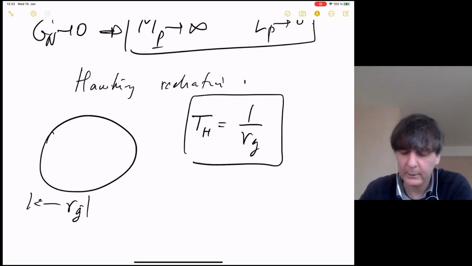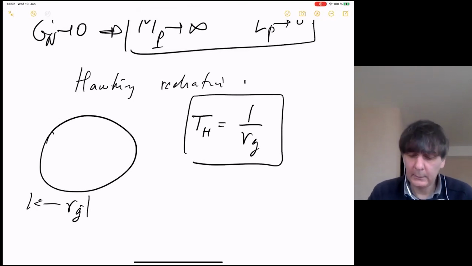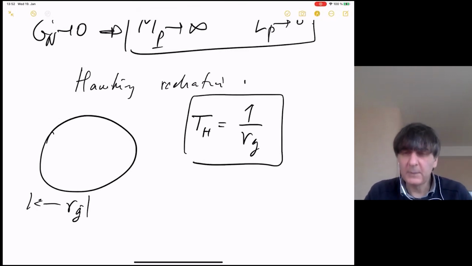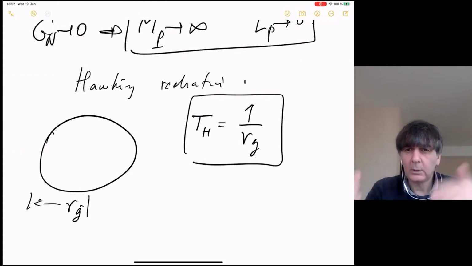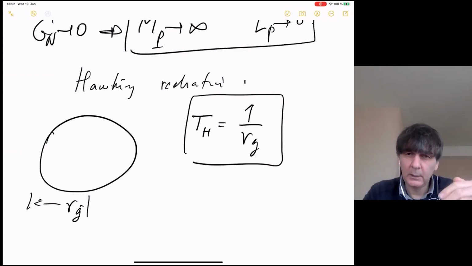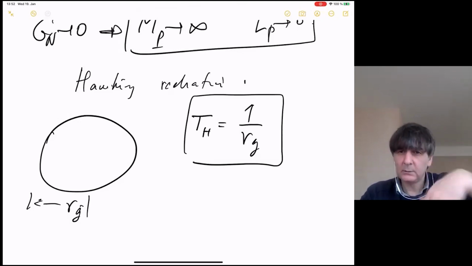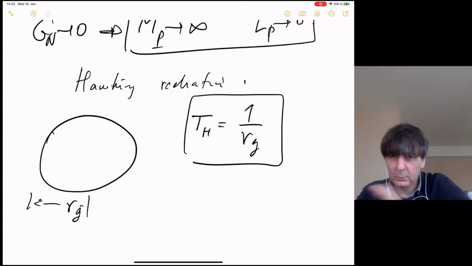Again, I'm ignoring 4 pi's and stuff. And the spectrum is thermal. So in other words, in this limit, the black hole represents an infinite capacity reservoir that produces particles with thermal rate and thermal spectrum.